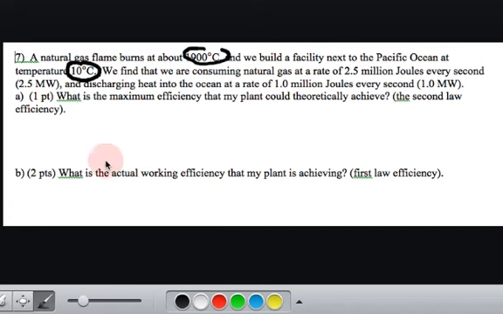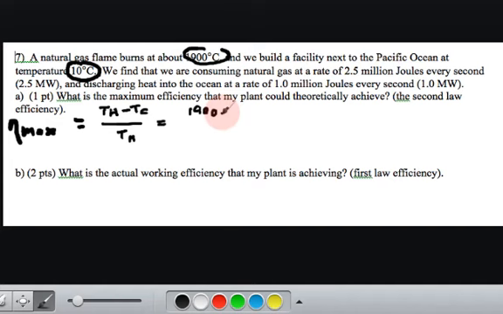So you have the max efficiency, eta max equals TH minus T cold over TH. This is equal to, now this is all in Kelvin, 1900 plus 273 minus 10 plus 273. You can see that adding the 273 doesn't really make a difference on the top, but it does on the bottom, 1900 plus 273.